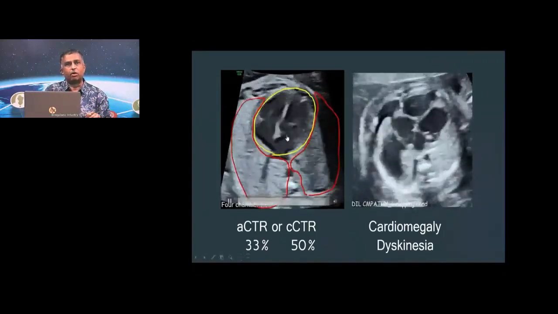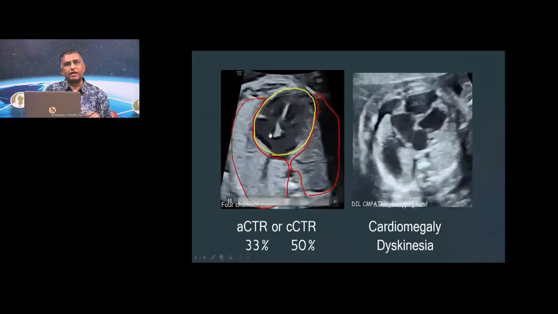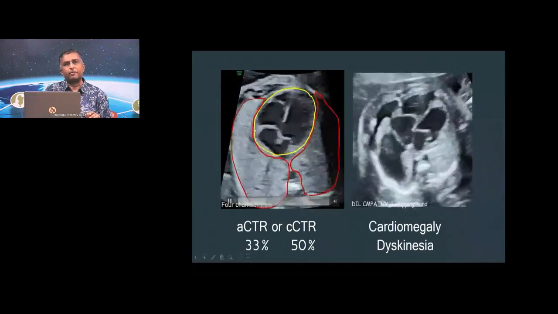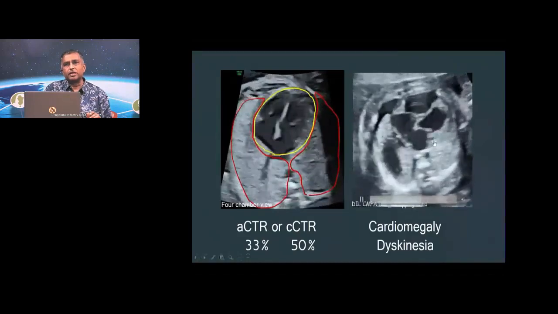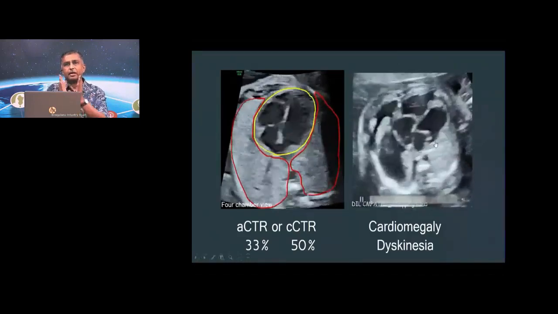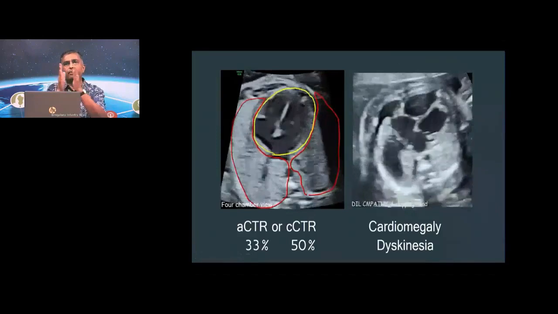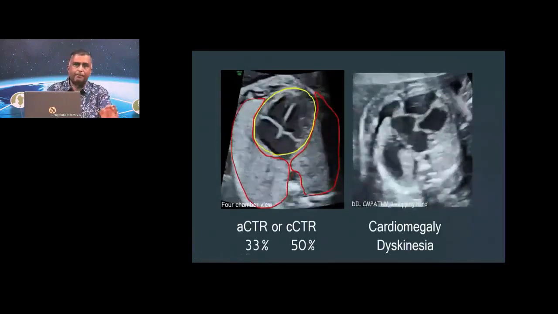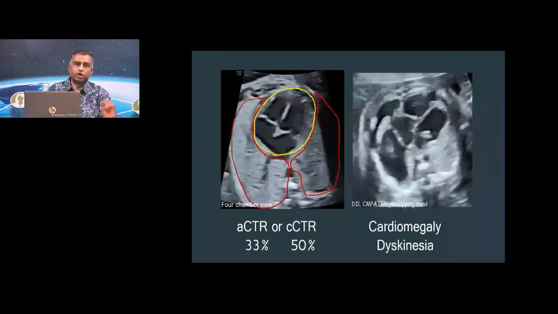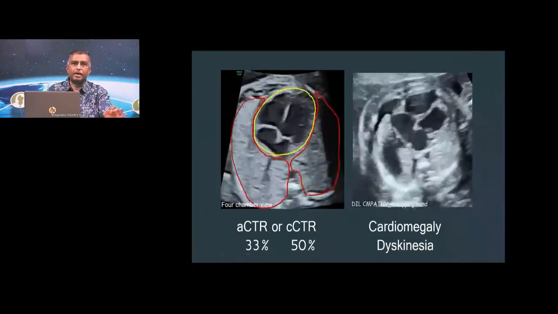You can see the valves opening very exuberantly here. Here they are not opening at all. This is called the clapping hand sign. The valves don't fully open, they just go a little bit and then they come back. So that's an example of dyskinesia. So squeeze is not there, cardiomegaly, yes.